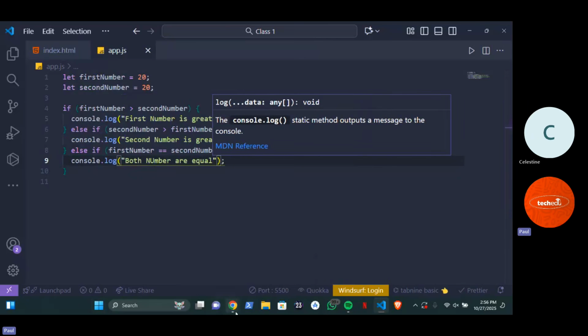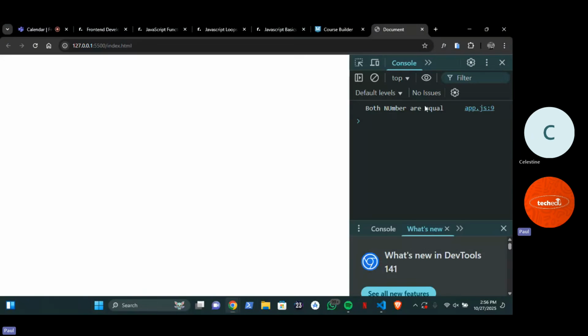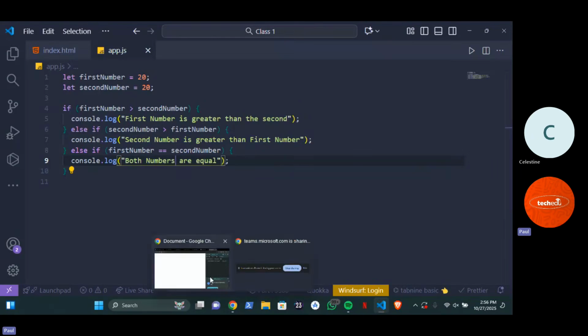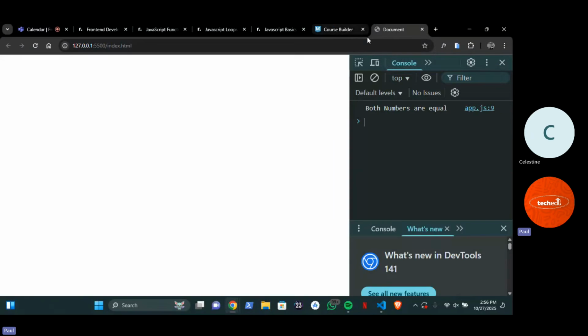Now if you check it out, you should have both numbers are equal. Do you understand now? This is what your if, else if, and else statement means.